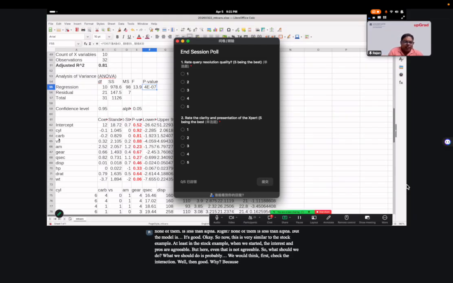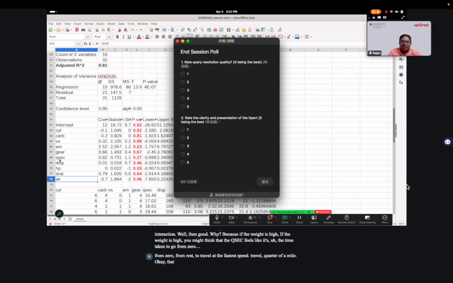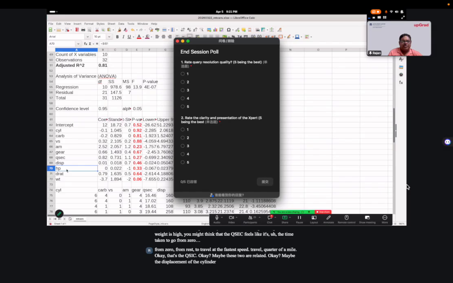Because if the weight is high, you might think that QSEC, the time taken to travel a quarter of a mile from rest at the fastest speed, maybe these two are related. Maybe the displacement of the cylinder and the horsepower are related.